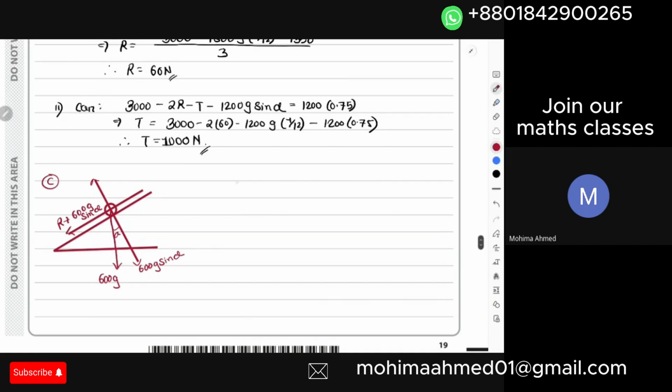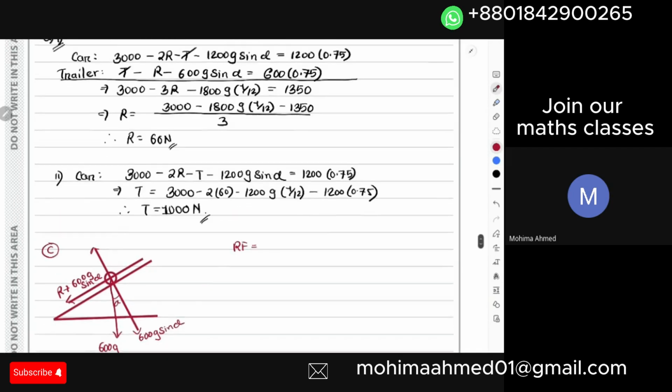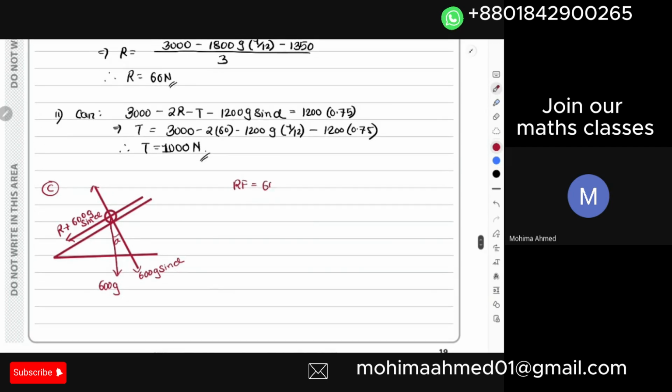Okay, so for that you have to use resultant force equals mass times acceleration. After the tow bar breaks, obviously resultant force equals mass times acceleration, 600a, and R is still 60 and this is 600 g 1 by 12. So these are resistive forces, they will have a minus sign. So minus 60 minus 600 g 1 by 12 equals 600a.